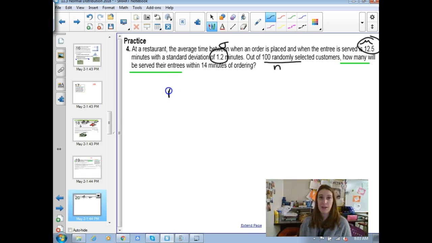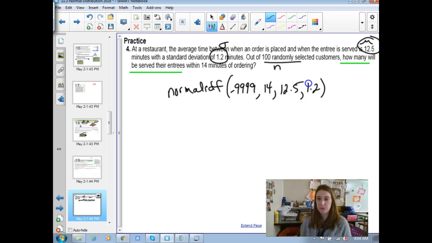You are welcome to find the z-score and do it that way. I'm not going to. I'm going to use my normal CDF, and the lower bound would be anything really, really small, like negative 9999. Upper bound will be 14 minutes. Mean is 12.5, and a standard deviation of 1.2. So I think this is already done for me somewhere in my notes. I'm just going to steal the answer.